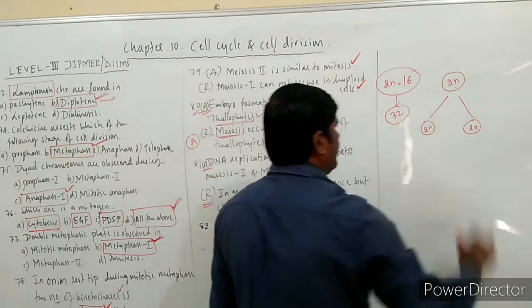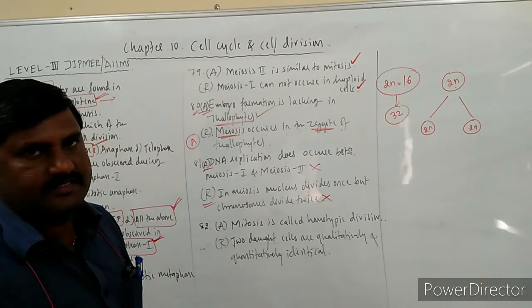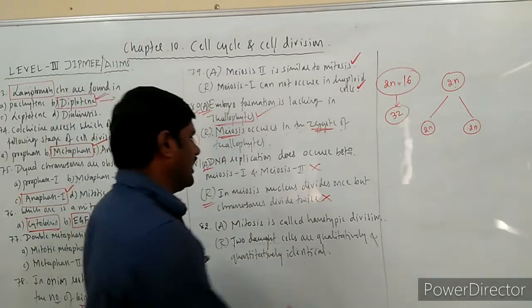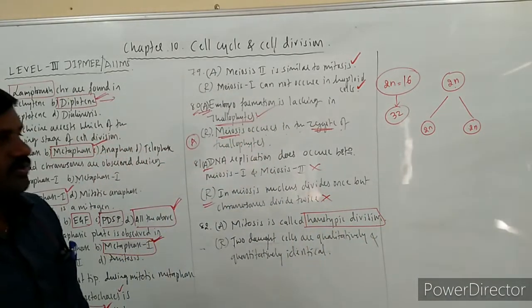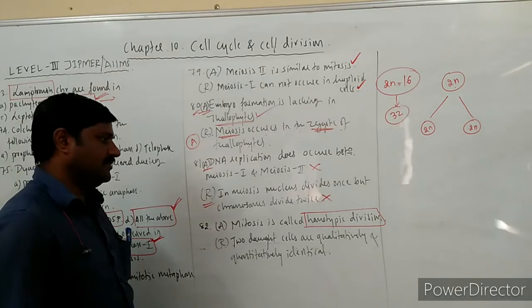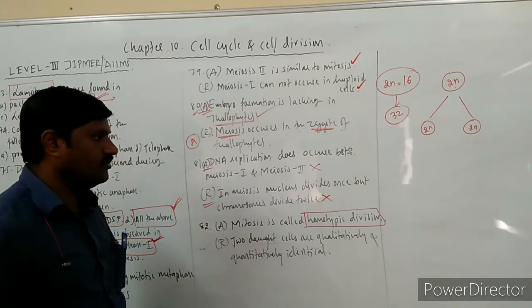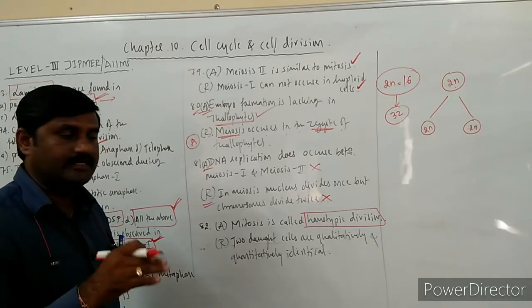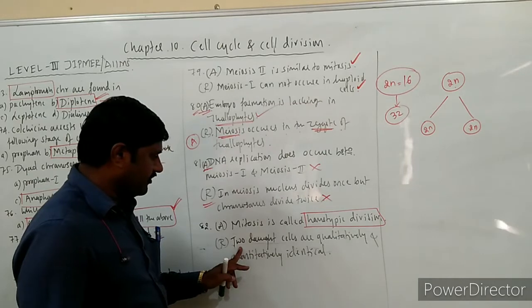Hence an equal number of chromosomes are seen both in parent as well as daughter cells. Hence it is called homotypic division. So mitotic division itself is homotypic division. Meiosis 2 is also homotypic, but meiosis 1 is heterotypic. So let's go through the second statement, the reason.